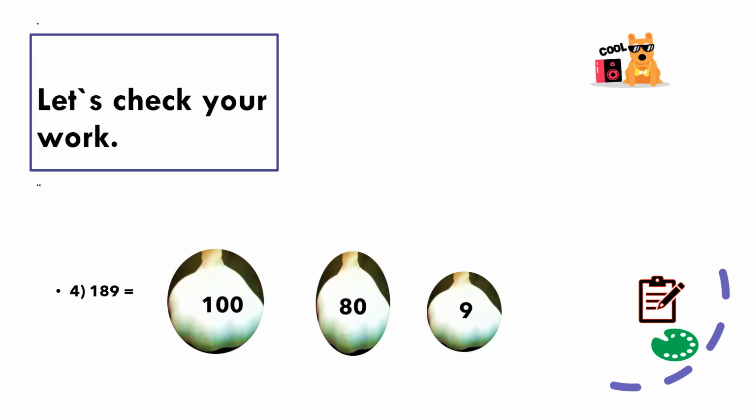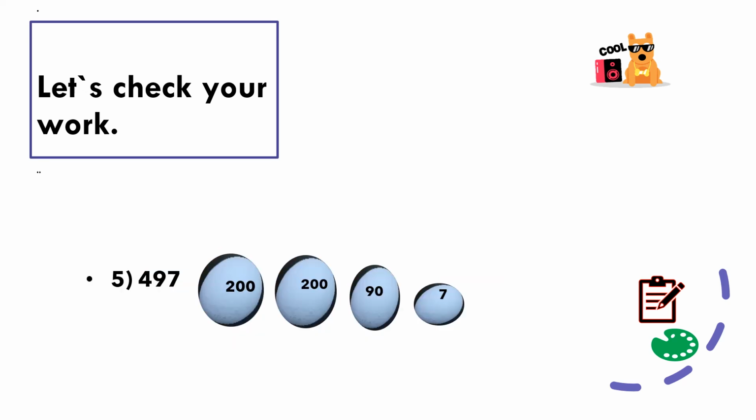Number 4, 189. 100 plus 80 plus 9 is equal to 189. Number 5, 497. 200 plus 200 is equal to 400 plus 90 plus 7 is equal to 497.